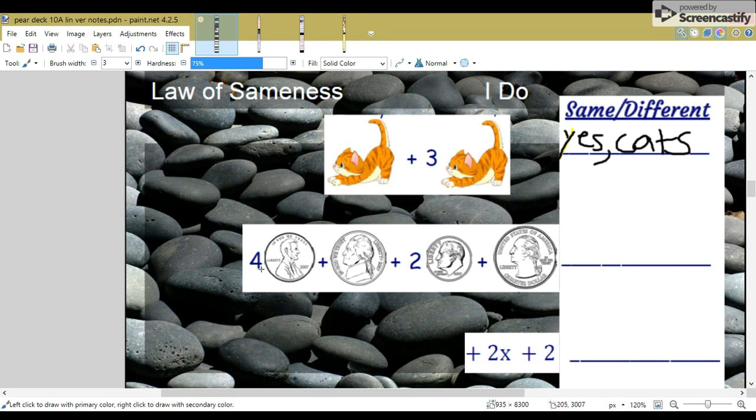We have 4 pennies plus 1 nickel plus 2 dimes plus 1 quarter. Those are not the same. These coins are not the same. And we have 2x plus 2. Those are also not the same. And those are terms.